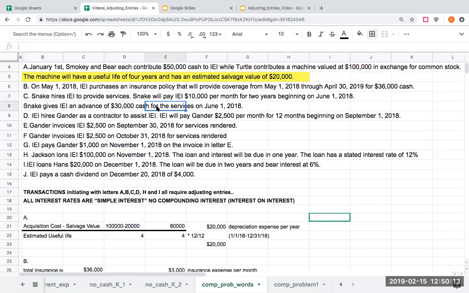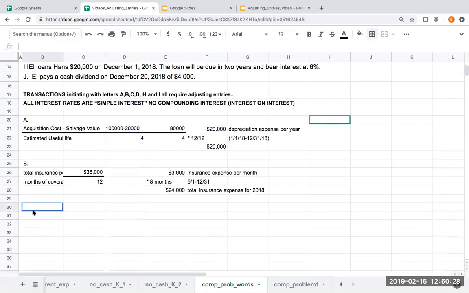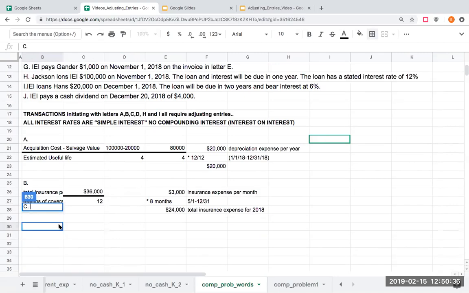So what we need to figure out is, have I been performing work for Snake? The answer is yes. How many months of work have I done for him? So let's figure out. So C, here we want to make sure that our revenues reflect what we've earned during the period. So here, Snake hired us for $10,000 per month.